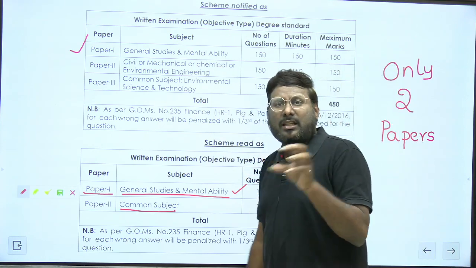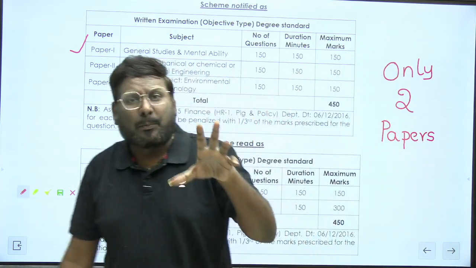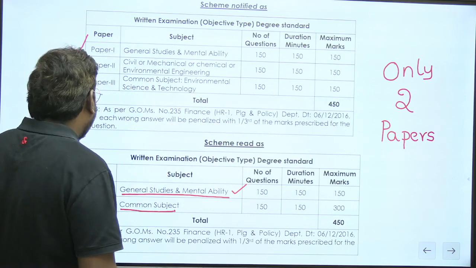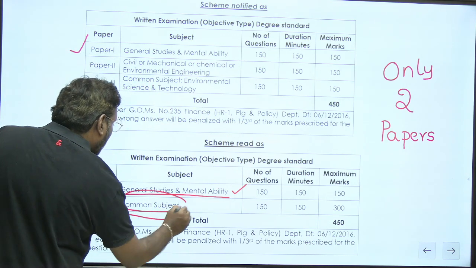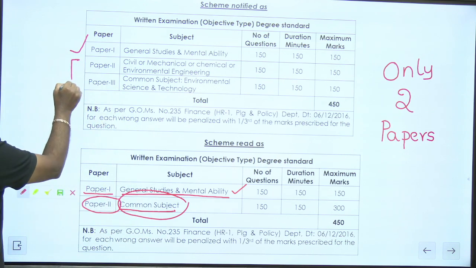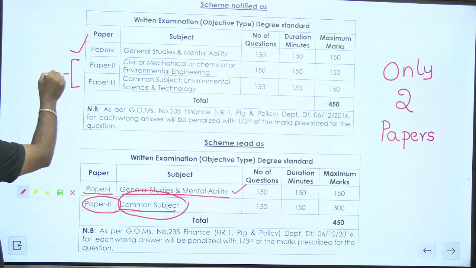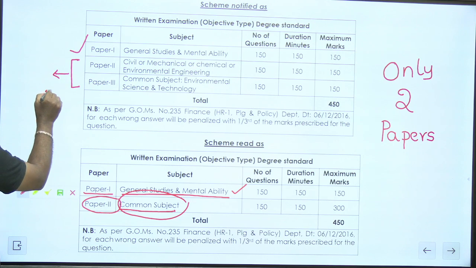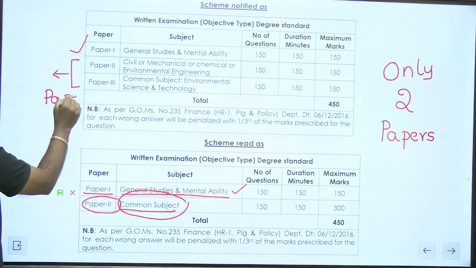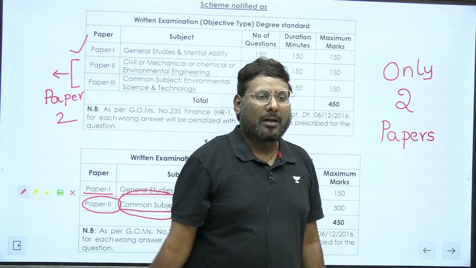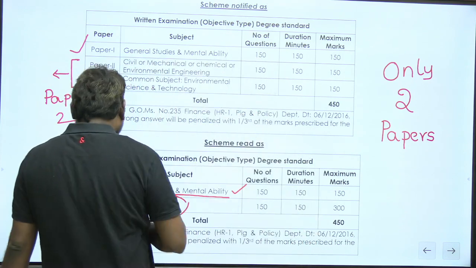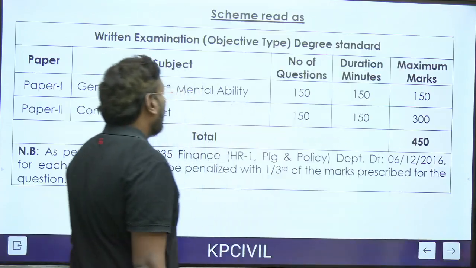All those questions are there, so that is as it is. Paper 1 is the same. Paper 2 is changing. Please understand, this common subject is changing. The old paper 2 and paper 3 are replaced by only one paper. We'll discuss the difference in detail.